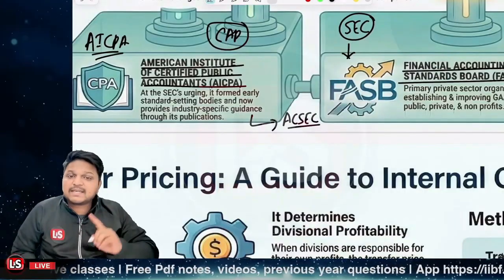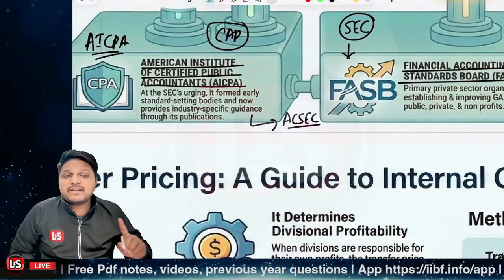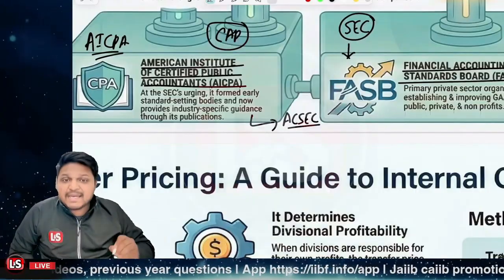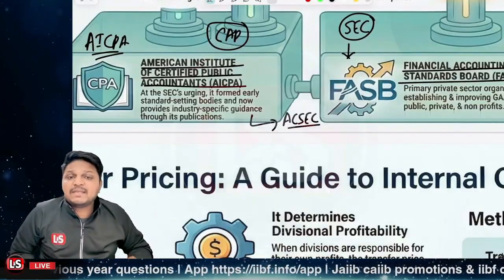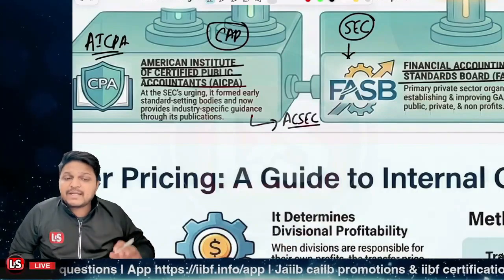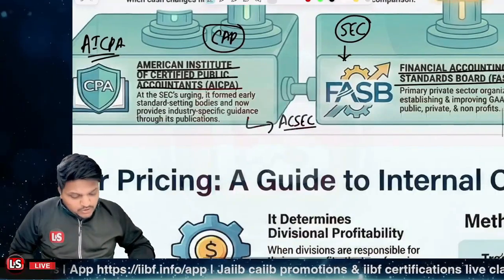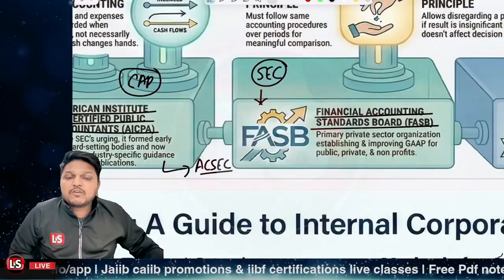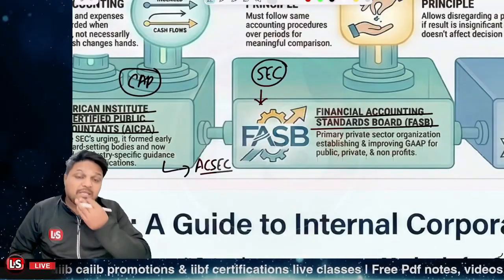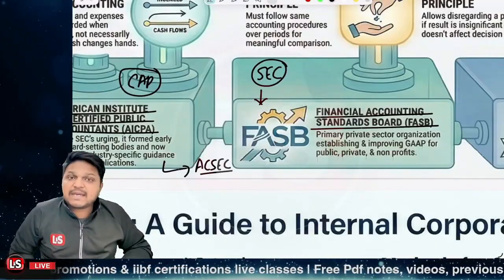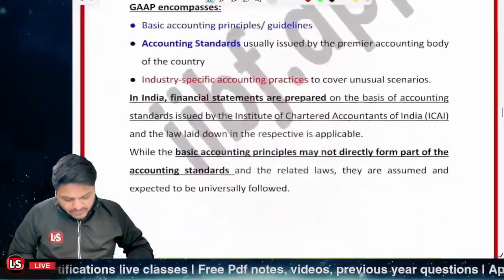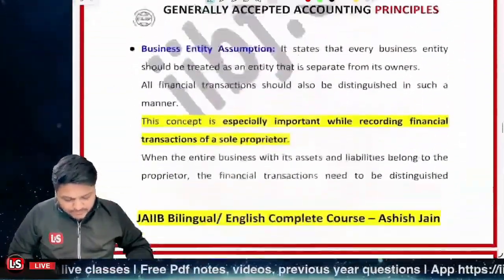Now, what is ACSEC? Accounting Standards Executive Committee, right? And this ACSEC basically publishes audit and accounting guidelines. So whatsoever audit and accounting guidelines there are, whatsoever statements of position there are, those are being published by the ACSEC. Is that clear? Is this particular point clear to you?